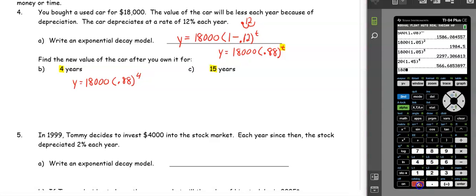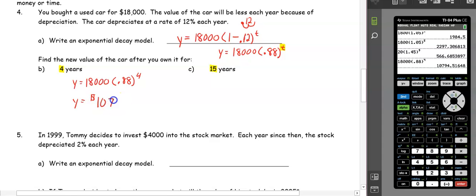So we have 18,000, parenthesis 0.88 to the power of 4. And that would round to $10,794.52. And then at 15 years, we have y equals 18,000 times 0.88 to the 15th.